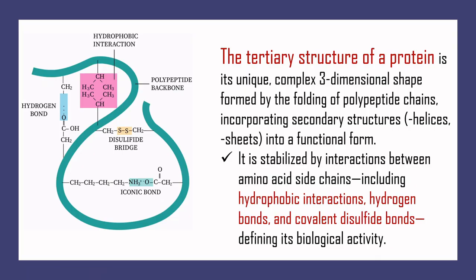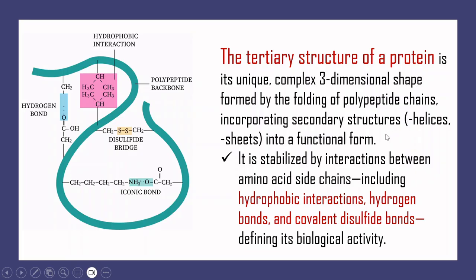Now, this collection of secondary structure forms tertiary structure. So, tertiary structure is a complex three-dimensional shape formed by the folding of polypeptide chain in secondary structure. That means helices or sheets can be folded into a three-dimensional structure in this manner to form tertiary structure.